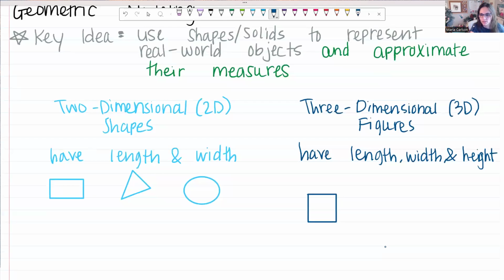Here's my square. Now I'm adding some depth to it, really. But I now have a length, a width, and a height. You can have cones. It's another example of a three-dimensional figure. We take a circle and then the height meets up at some common vertex.